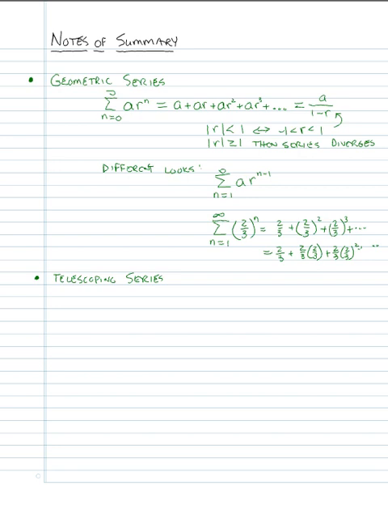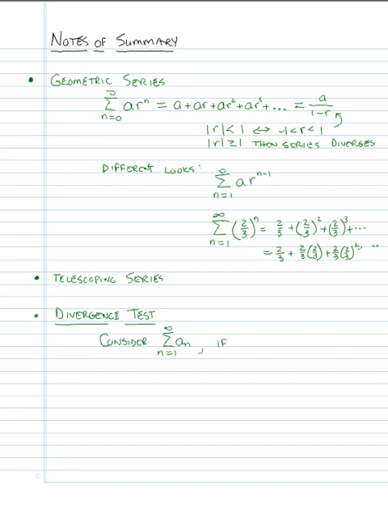Now, another thing that we talked about previously was called the divergence test. This test is a quick test about whether a series diverges, not whether it converges. The divergence test says something like this. Consider the series, the sum from n equals 1 to infinity of a sub n.